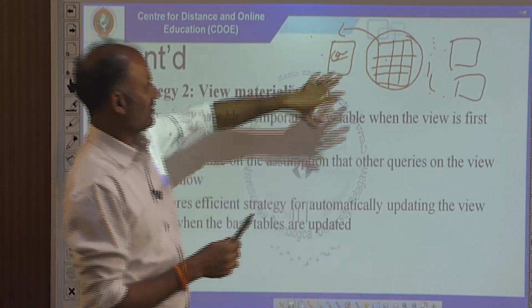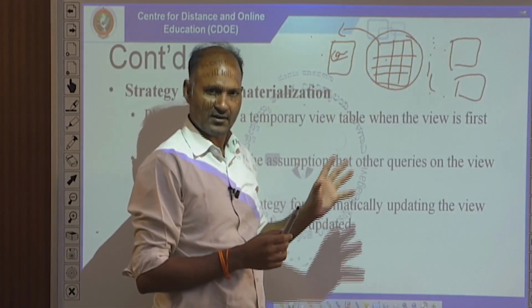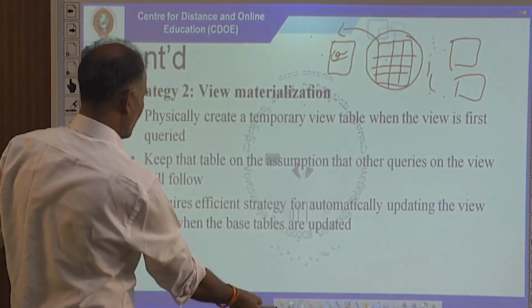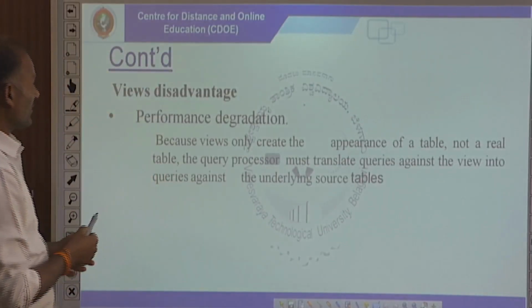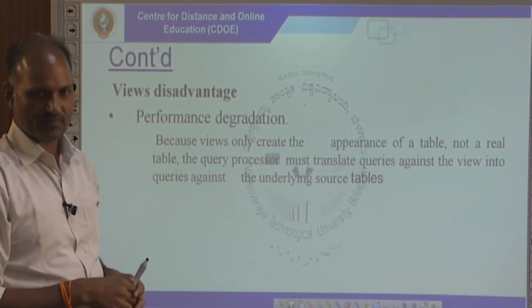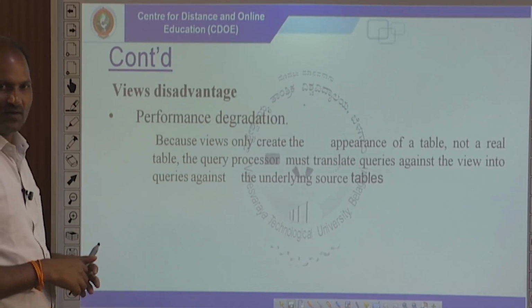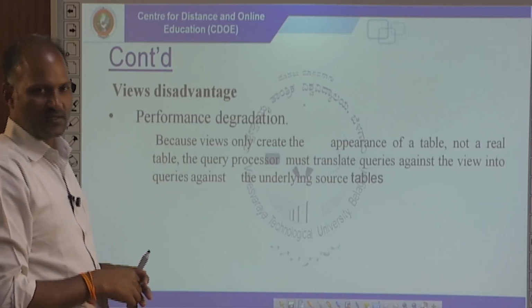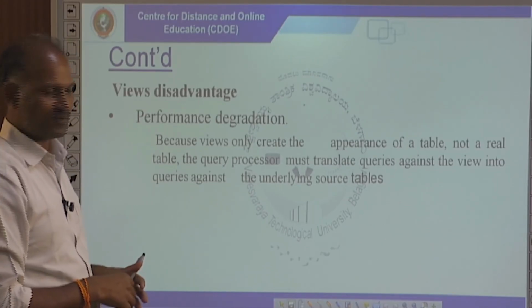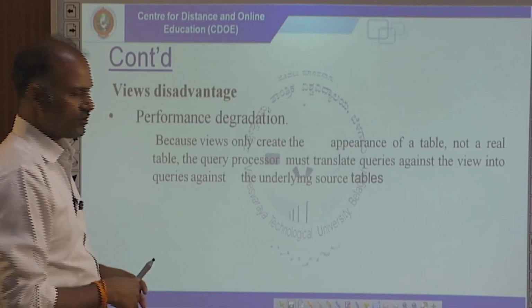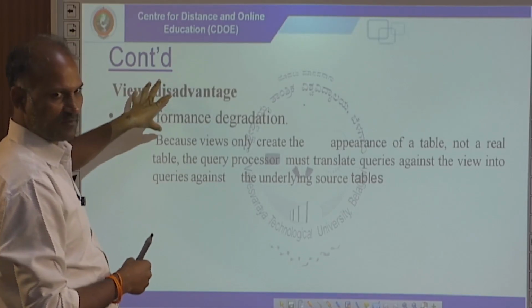If there is a delay, then the content of this table may vary from the content of the base table, so that is one of the drawbacks. Now, two disadvantages: performance degradation, because you only create the appearance of a table, not a real table, and the query processor must translate the queries against the view into queries against the real table. Whatever queries we use to get the data from the real table must be performed to get the data.